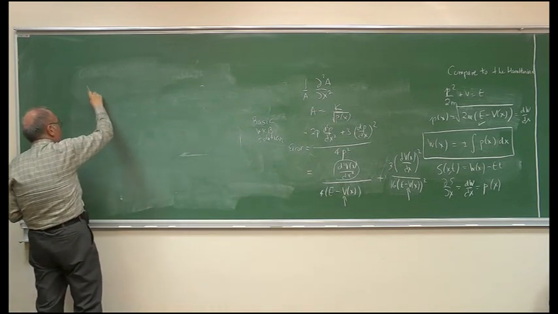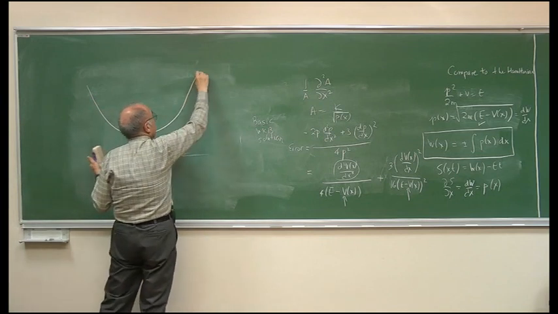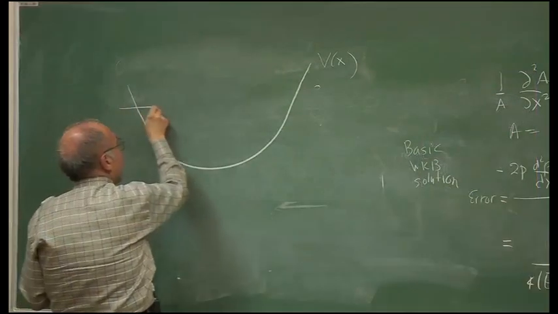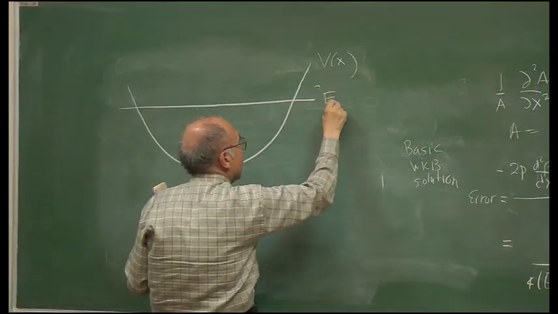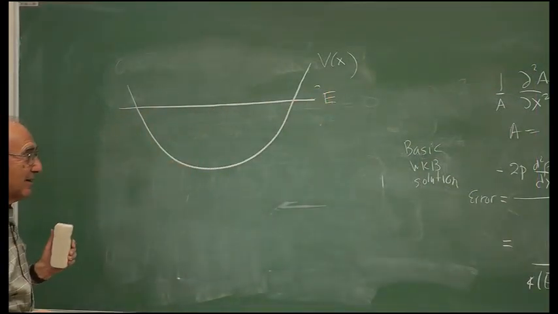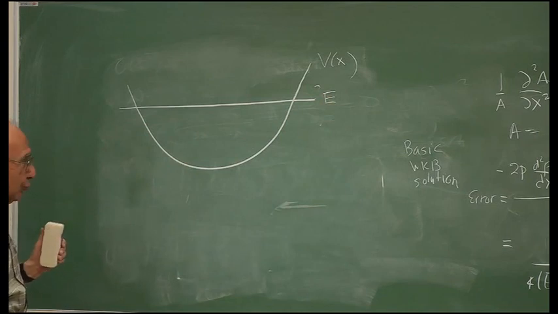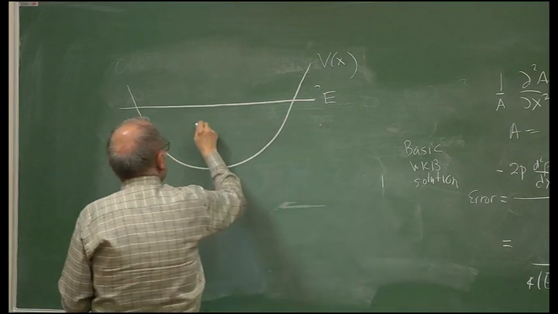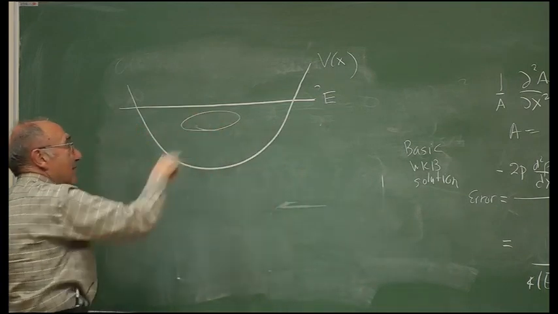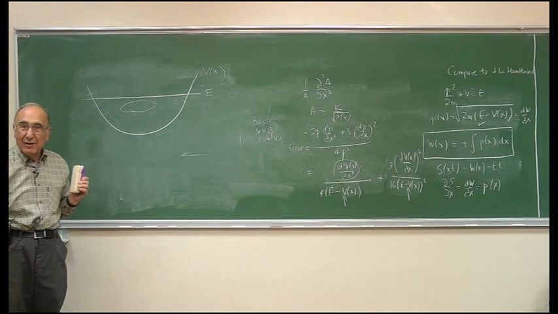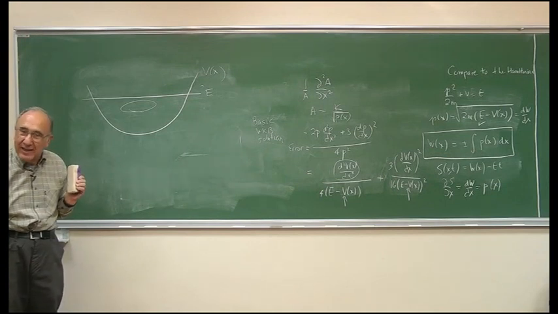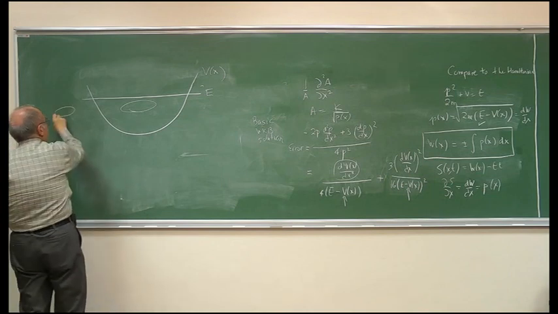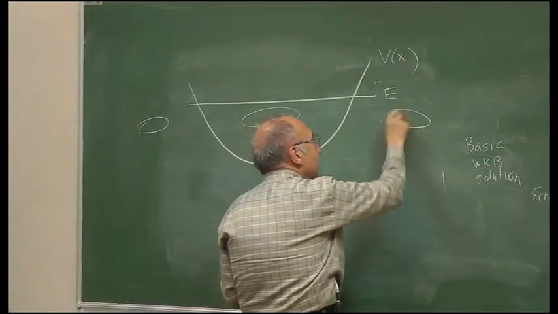Let's assume we have a potential like this, and here we have an energy E. Now, the WKB solution is going to be valid somewhere in here, inside the potential well, with an imaginary exponential, and somewhere out there with a real exponential.